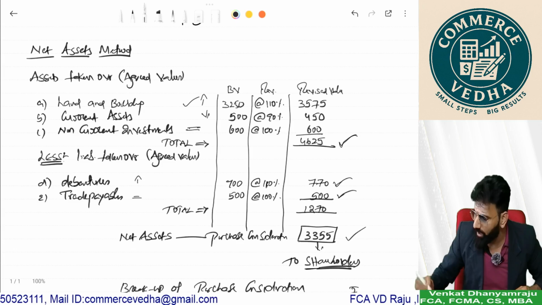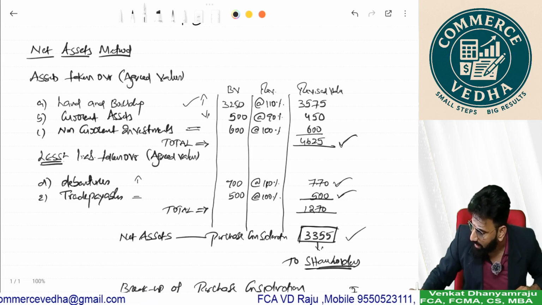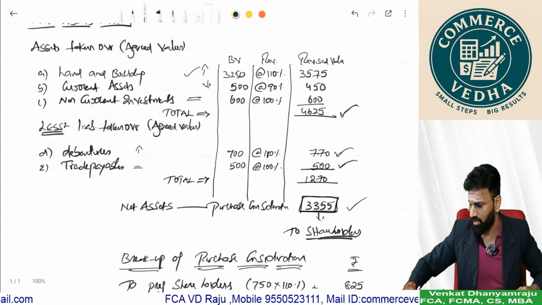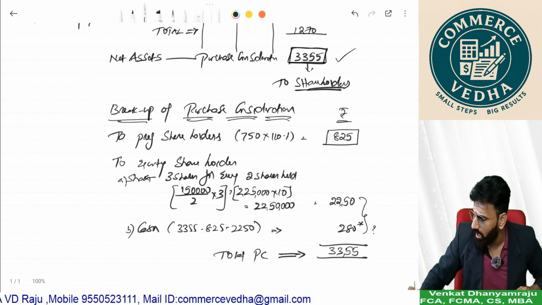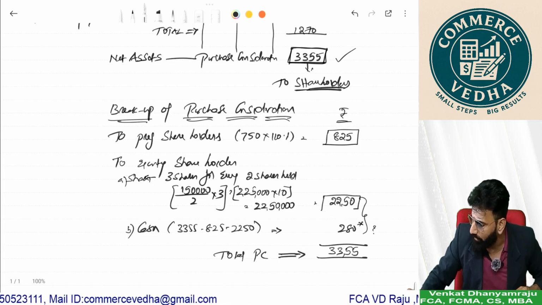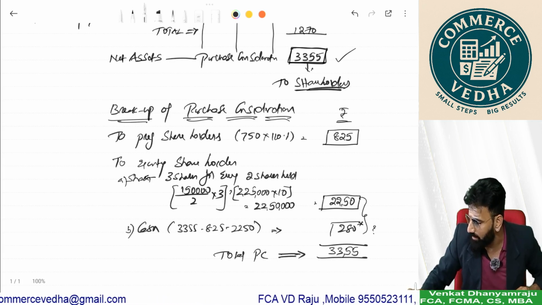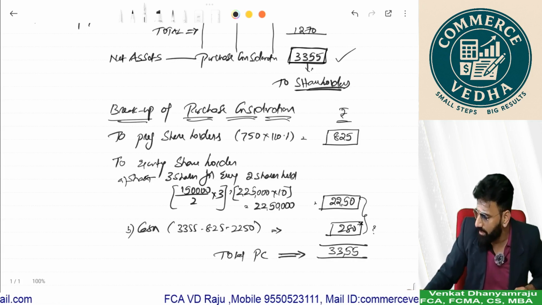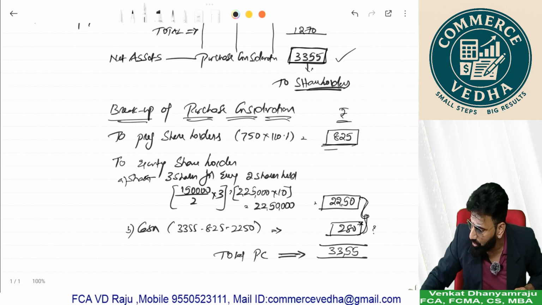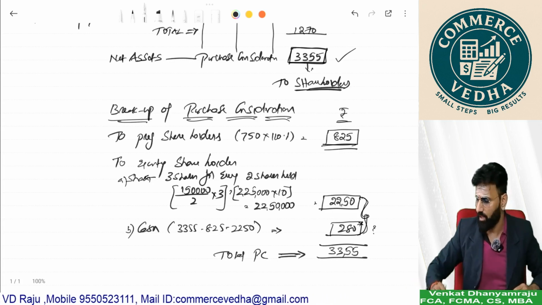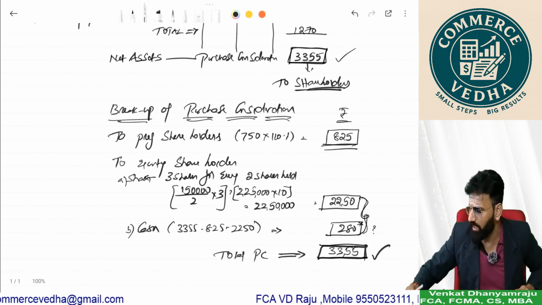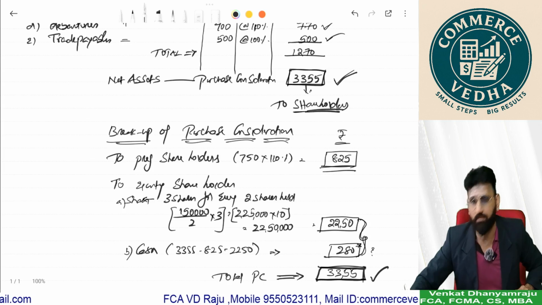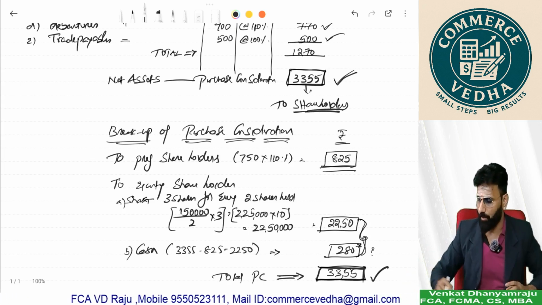So we removed it and we got the net asset, nothing but the purchase consideration, and the breakup, how much we agreed to pay to preference and how much we agreed to pay in the form of equity shares, and the balance is in the form of cash to equity. These two go to equity and this goes to preference shareholders, totaling to 3355, which is exactly the net assets of the company taken over, right?